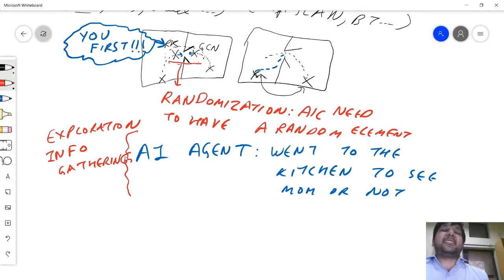Why are we spending so much on random vaccines? Most of them are not going to work. We are gathering information about the disease. It's information gathering, it's exploration. And so we talk about partially observable systems. Many times you may need information, it may not be there. So all that you do is that you take actions which gather that information.